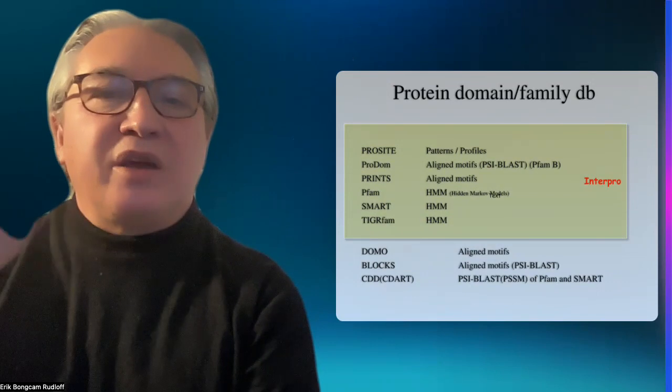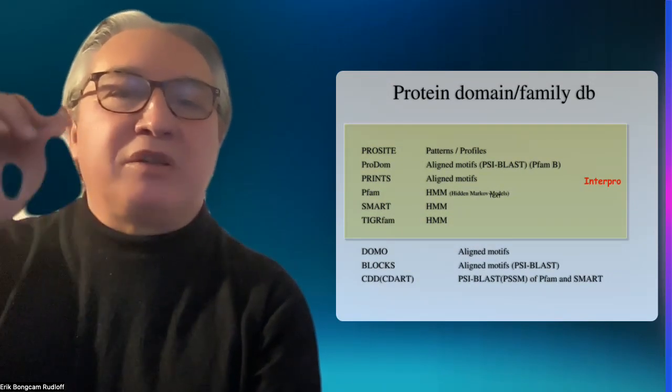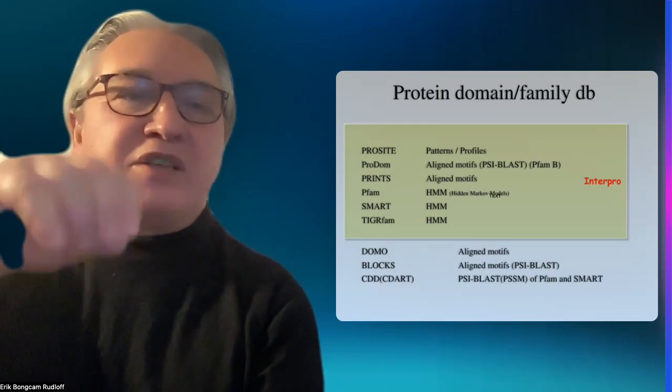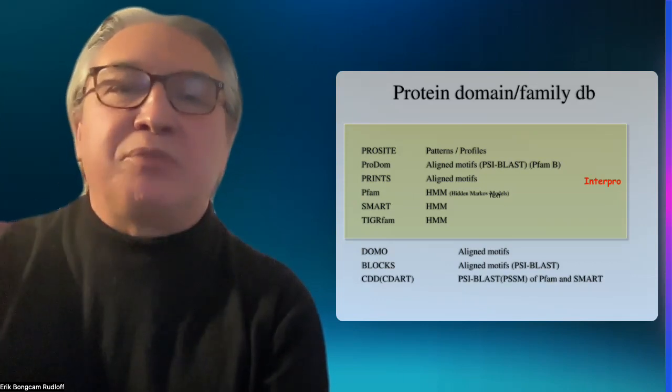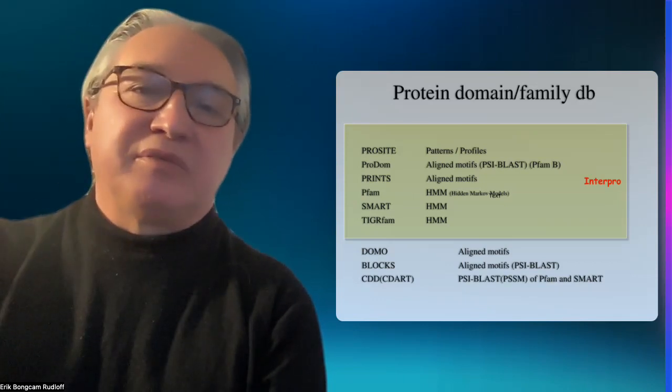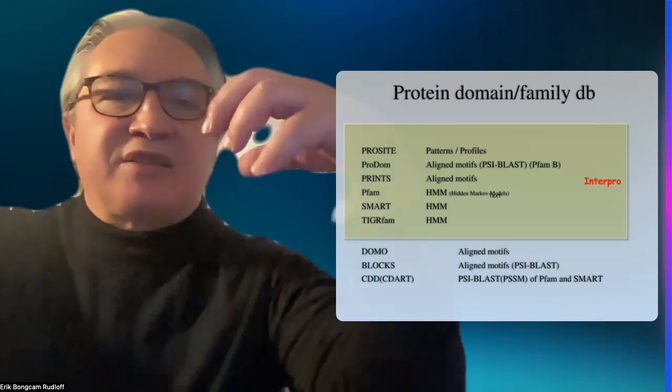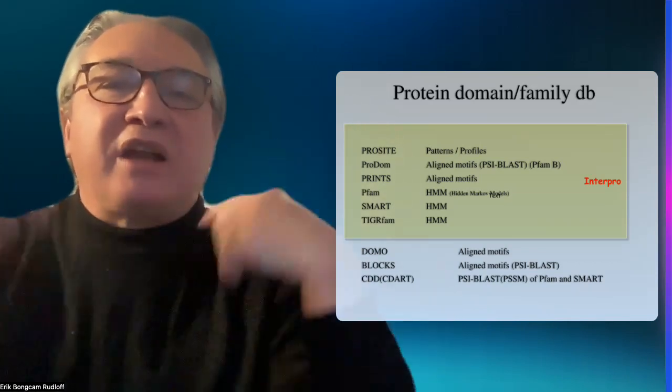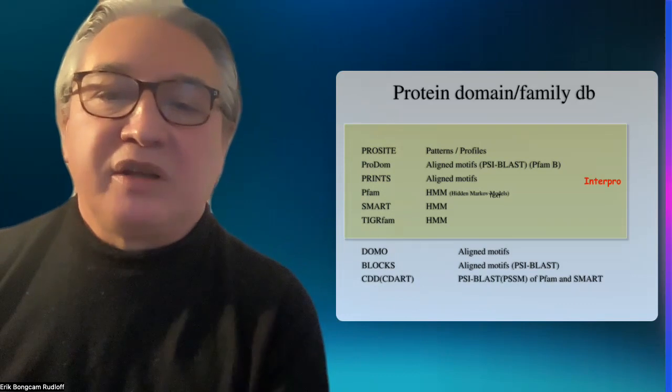And then they see what is the minimum common denominator for these sequences to still be active. And then they take these areas that are very well conserved and call that a motif or domain.